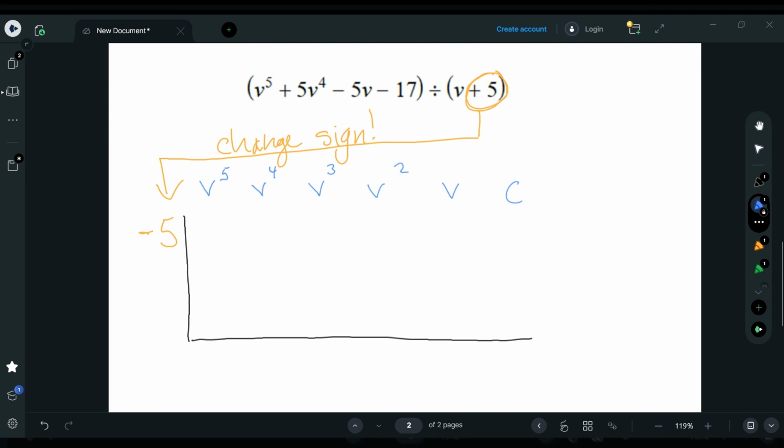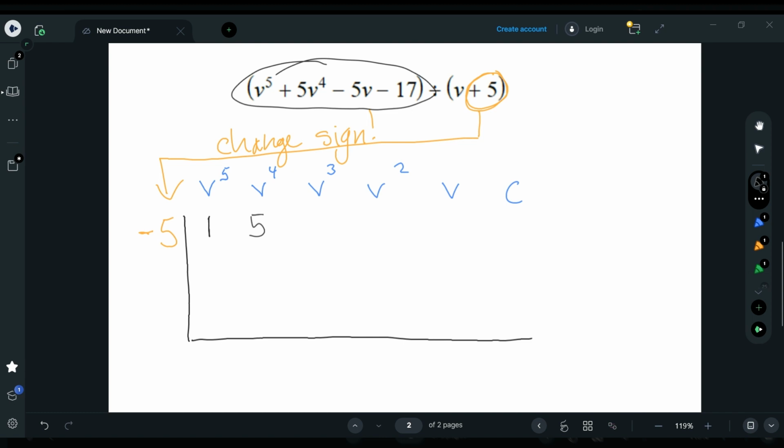Okay, and now we can fill in the coefficients. So for v to the power 5, what's the coefficient? Well, that's this term here, and when you see no number in front, that means it's an invisible 1. So our coefficient is a 1. Our coefficient for v to the power 4 is a 5. Okay, and then next up we have v to the power 3. And if you take a look here, there is no v to the power 3.